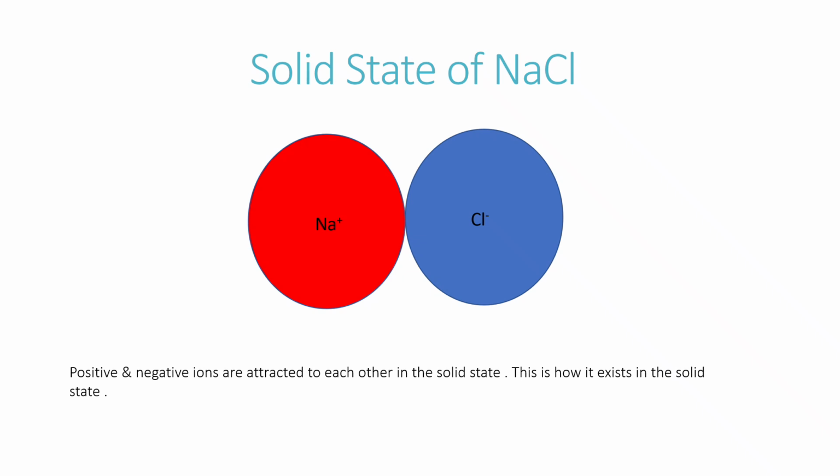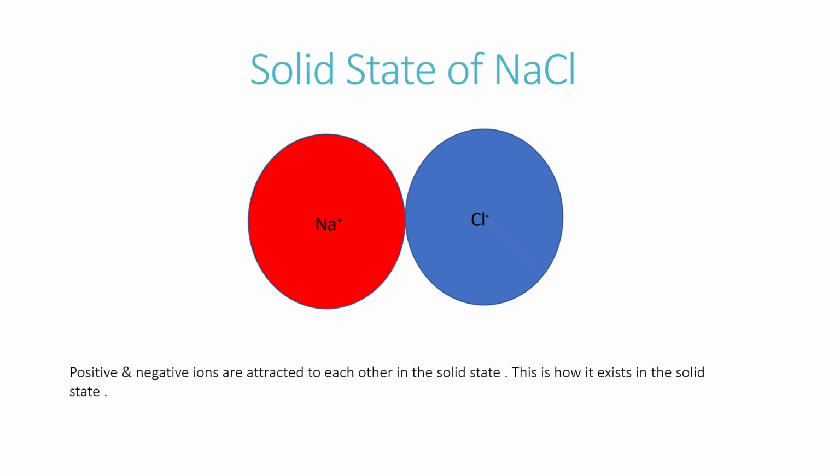Now, before answering those questions that you may have upon seeing those images, let's try to understand more about how molecules and ions behave when they come in contact with water. So let's start with a very familiar example of sodium chloride.